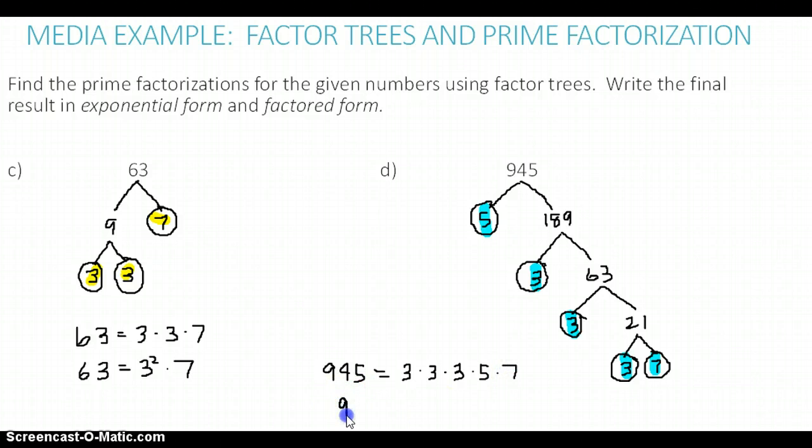In exponential form, since there are 3 factors of 3, I can write that as 3 to the 3rd power times 5 times 7. And not all prime factorizations will have one that has an exponent greater than 1. Just all of these happen to.